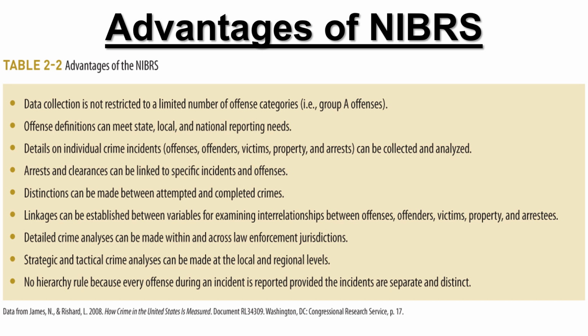Arrest and clearance rates are linked to specific incidents of offenses. You have details on individual crime incidents, which is huge. You can get information on the offenses, the offenders, the victims. And then there's no hierarchy rule, because every offense during an incident is reported, provided that the incidents are separate and distinct.